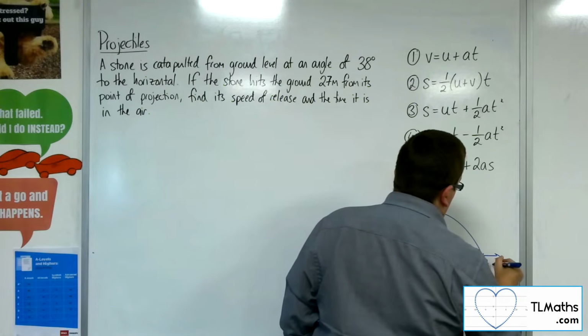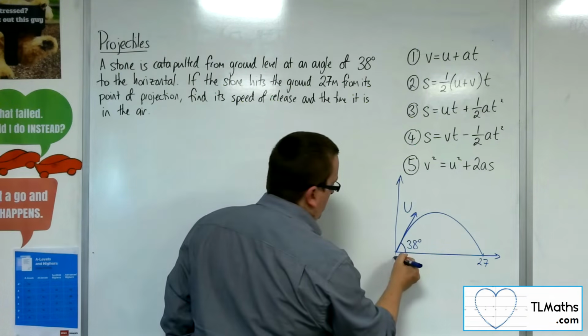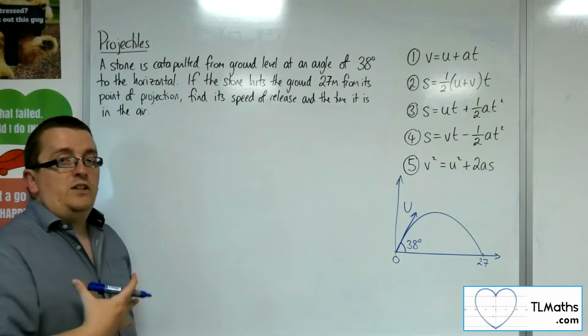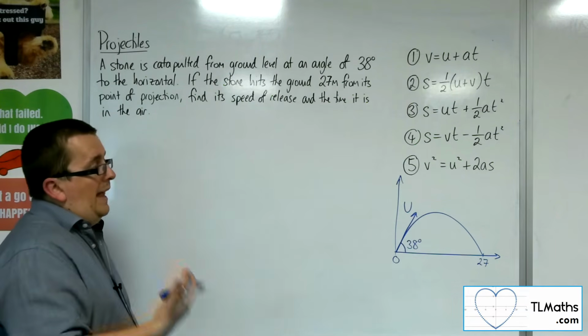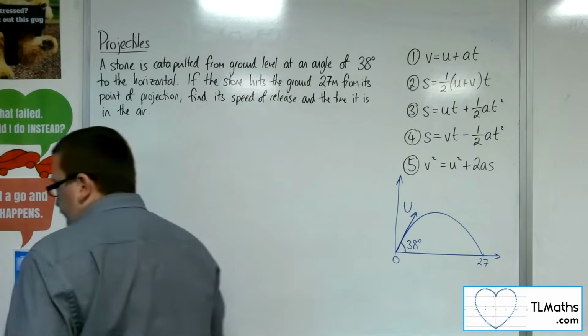So I know that's 27 meters, where that's 0. This is the information I currently have, and I need to work out u and the total time it is in the air.